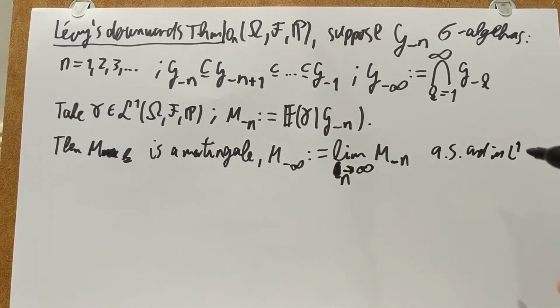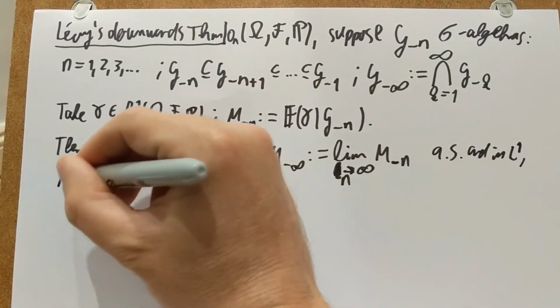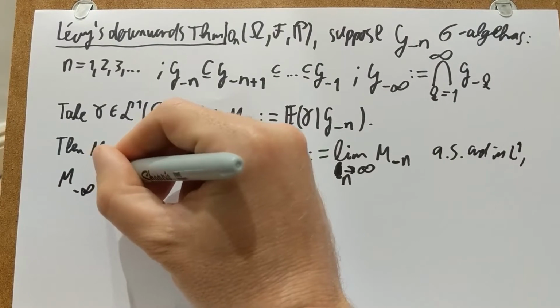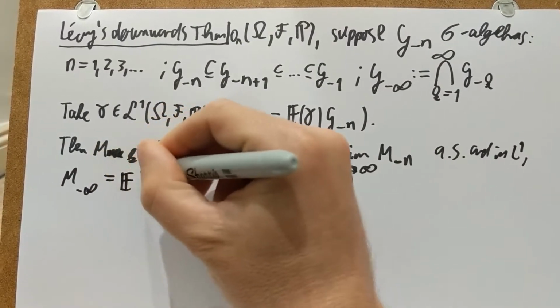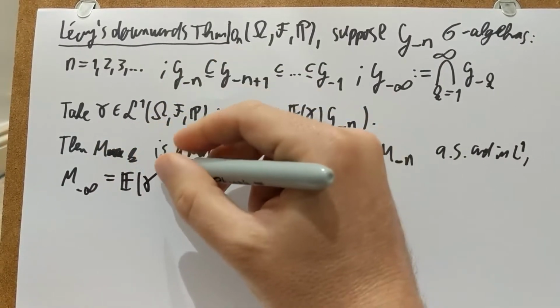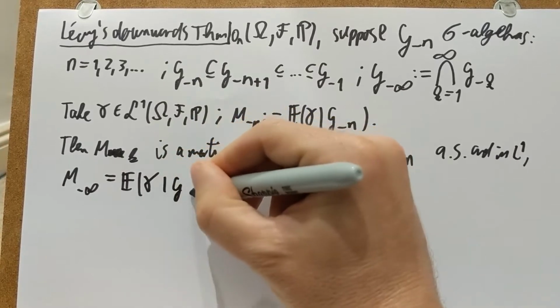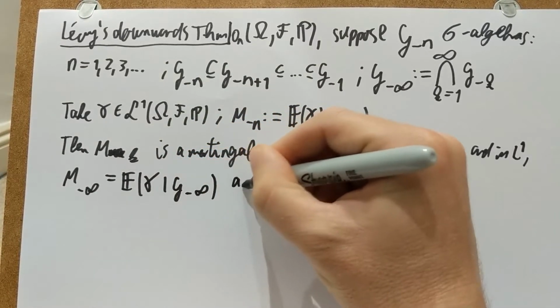And guess what? This limit M minus infinity is going to be equal to the expectation of gamma given G of minus infinity, almost surely.